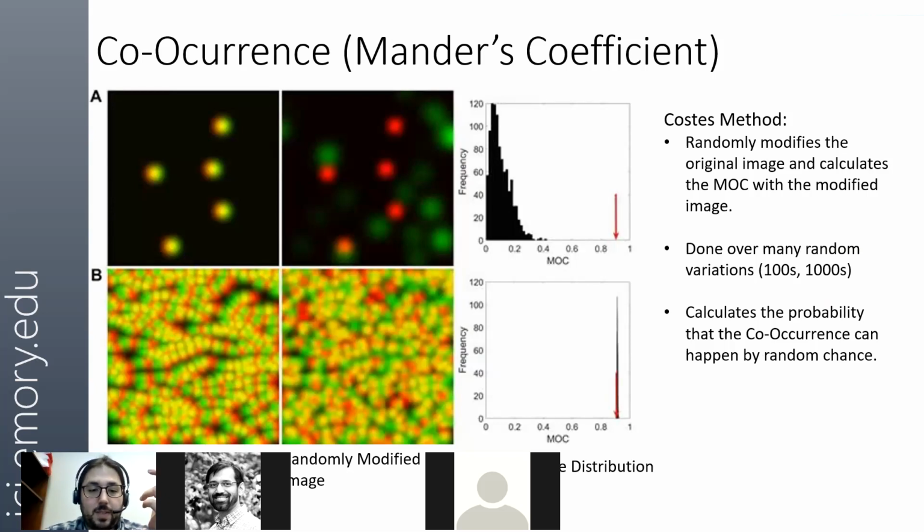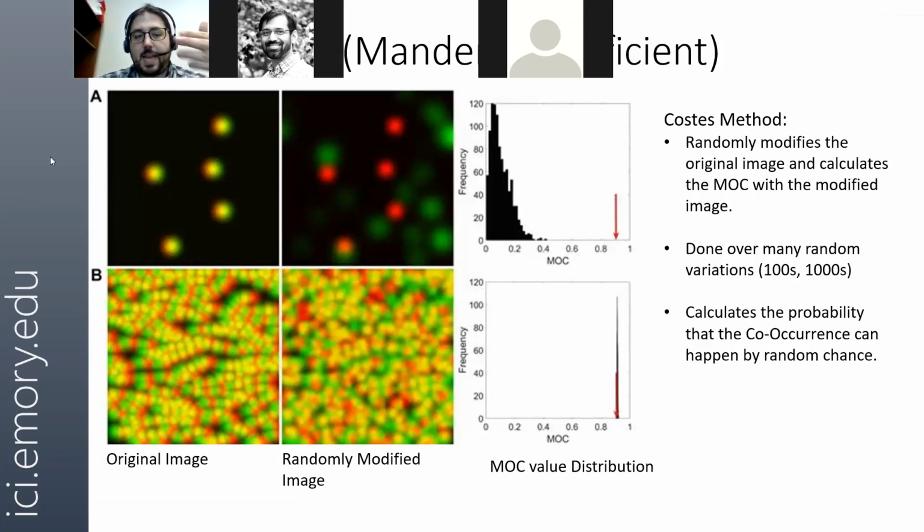So how would we look at that? We've got here the examples A and B, as an original image and then as a randomly modified image. Now, the Costes method takes a look at the whole image and then modifies pixels in a way. It moves them around, and then it performs the same set of calculations to calculate Manders coefficient.